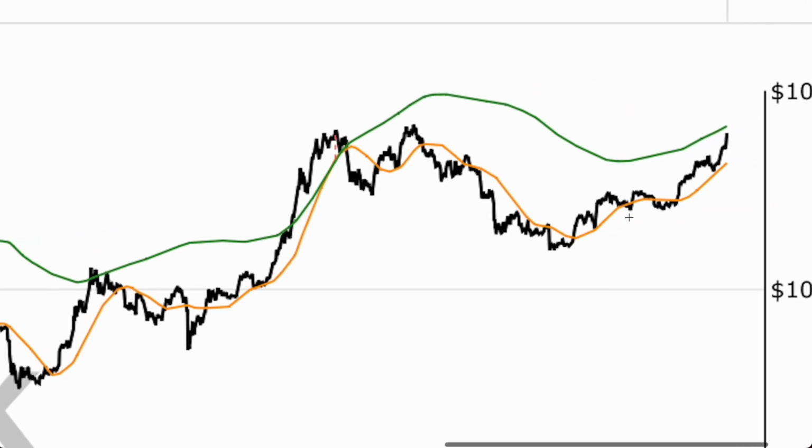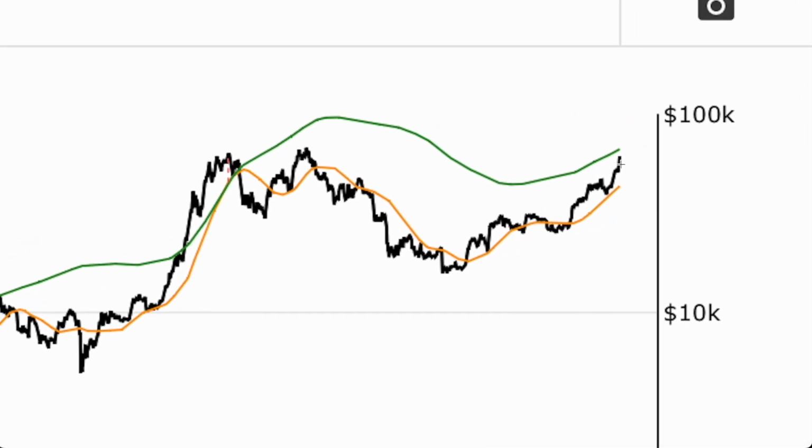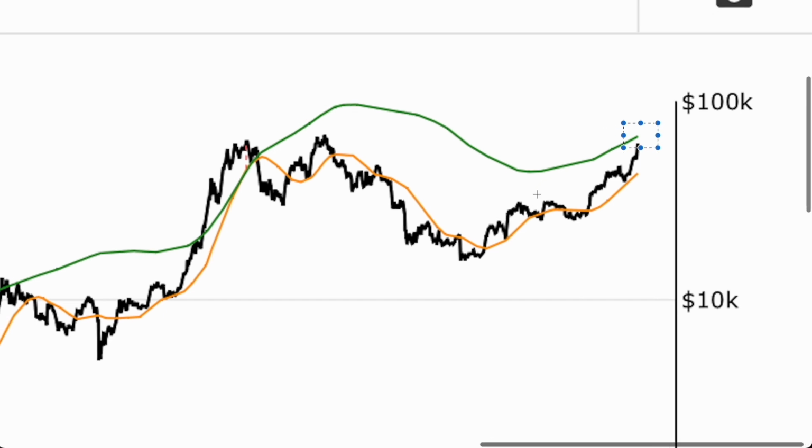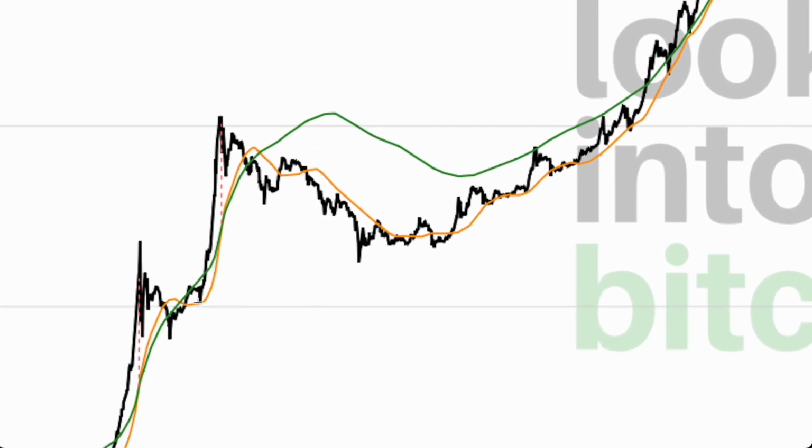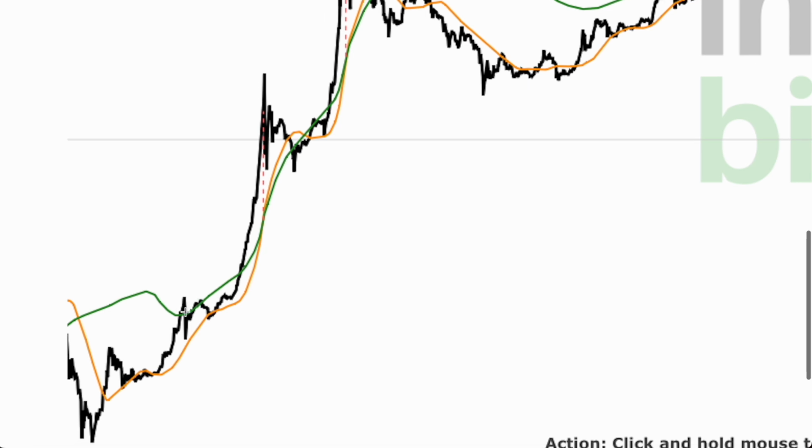So the point I'm making here, and the point that history is really suggesting to us, is that whenever we get to this green moving average, we tend to reject from there on the first time of asking at least. Because if we look to 2012, for instance, we see that we overextend beyond here, but we reject from here.